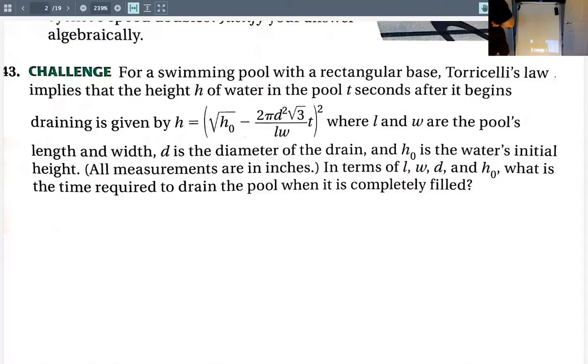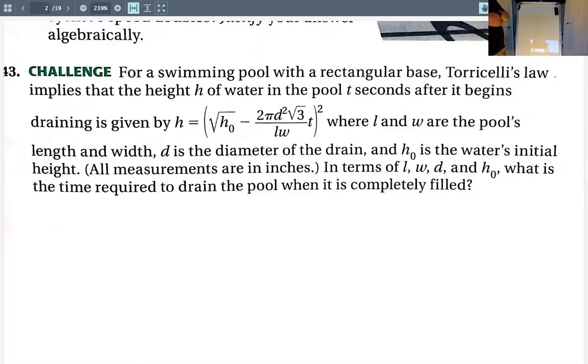For a swimming pool, so we're on time here. So here we go. For a swimming pool with a rectangular base, Torricelli's law implies that the height h of water in the pool, t seconds after it begins draining, is given by h, a certain height at a given time, so it's going to change over time, and that's going to be equal to this quantity squared.